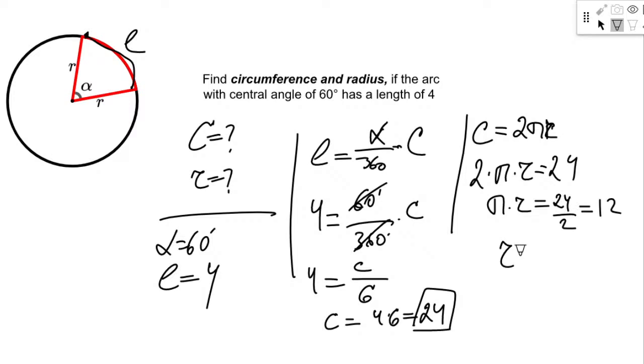So r equals 12 divided by pi. We can also calculate it. It would be approximately 12 divided by 3.14, so it's going to be less than 4, but something about it.